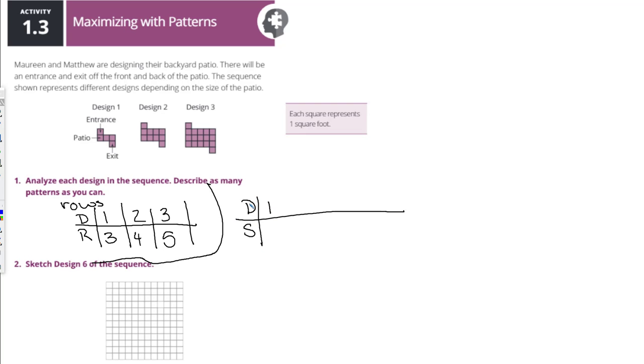On design 1, we have 3 plus 2, 5 squares. On design 2, we have 1, 2, 3, 4, so 8 plus 2, 10 squares. On design 3, we have 1, 2, 3, 4, 5, so 5 times 3, 15, plus that 2, 17.